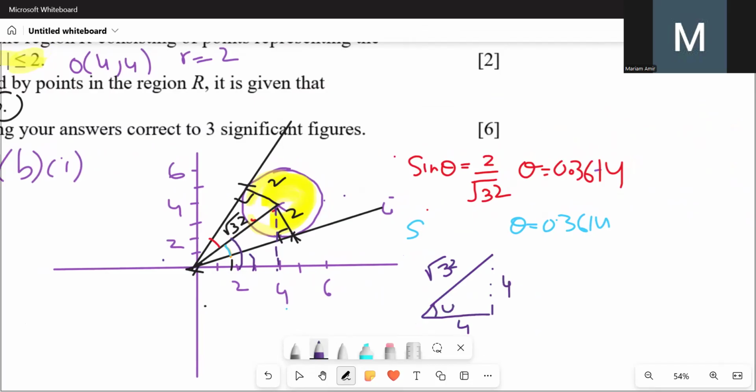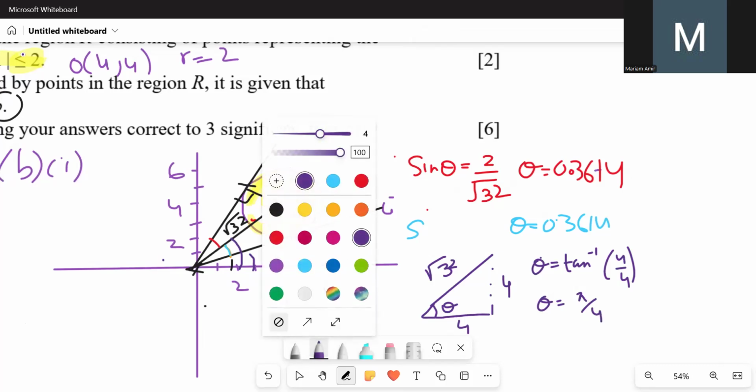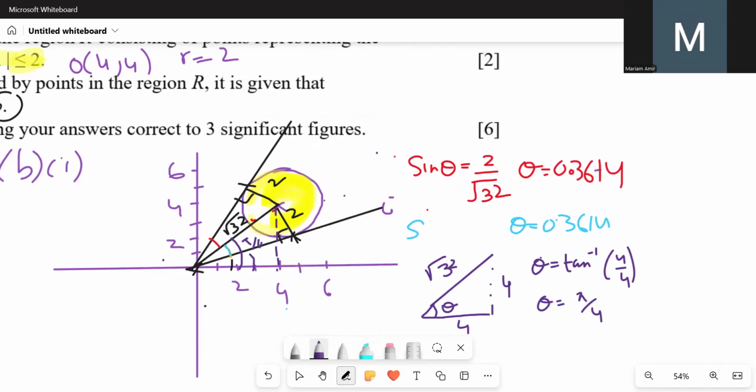So theta is equal to tan inverse 4 over 4, which is tan inverse 1, which is 45 degrees, which is pi by 4. So this full angle is pi by 4.